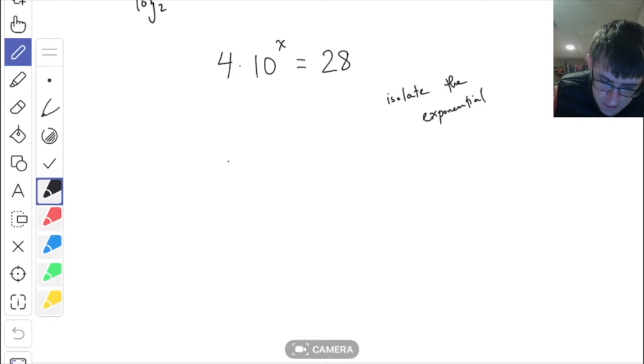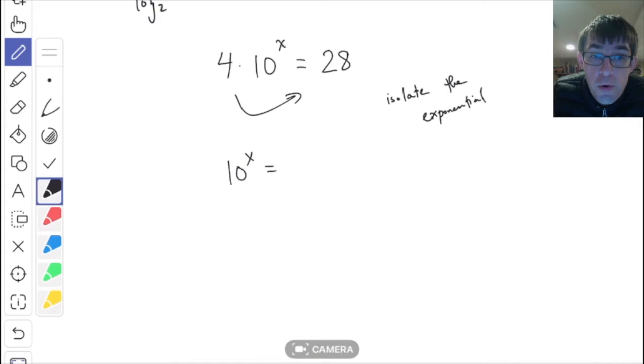So I want to put 10 to the x by itself on one side, and in order to do that, we divide the 4 over to the other side. I'm dividing because in the original formula it's multiplied, so to get it out of there I have to divide. 28 divided by 4 is 7, I believe. So 10 to the x equals 7.